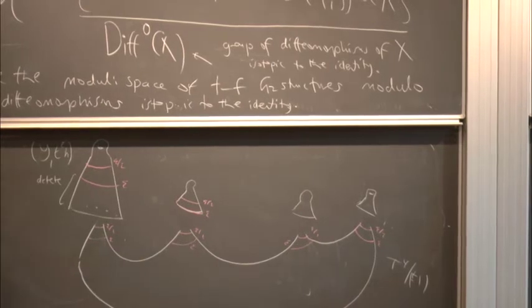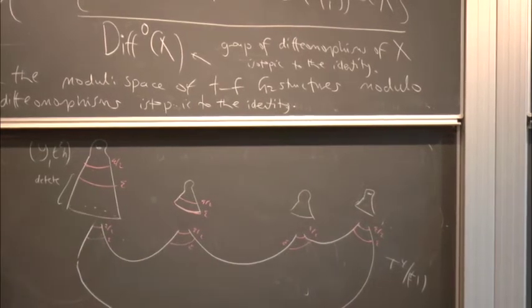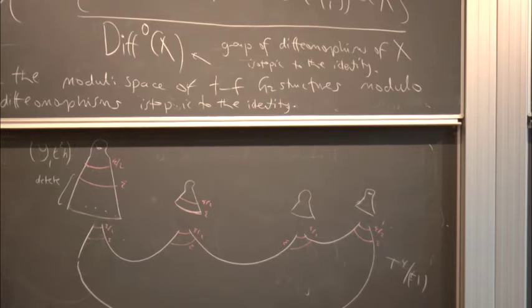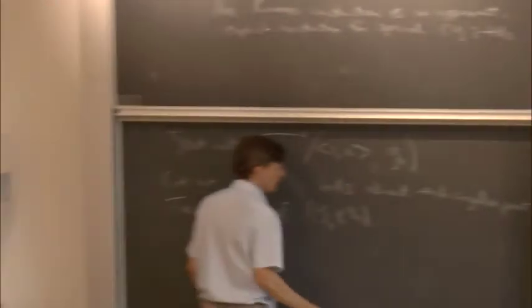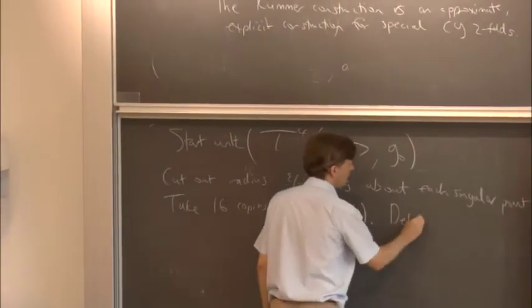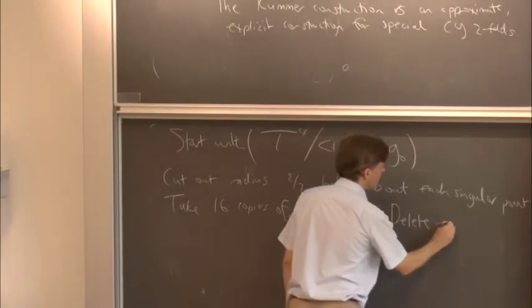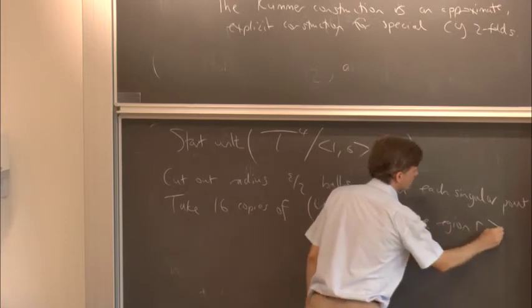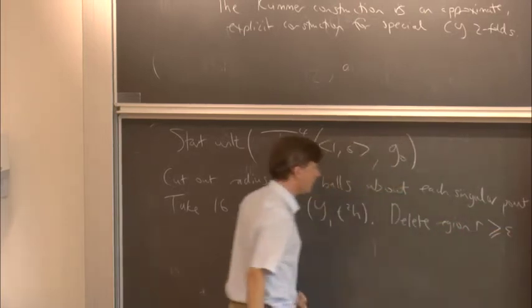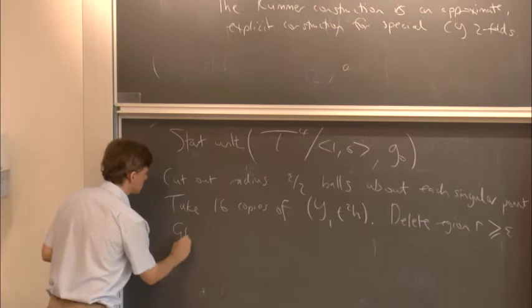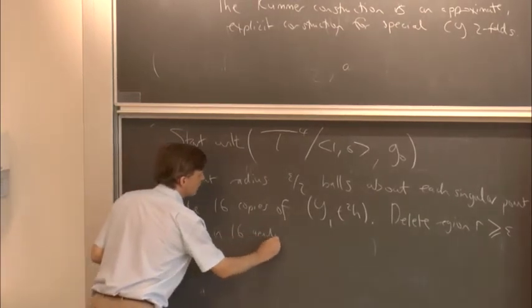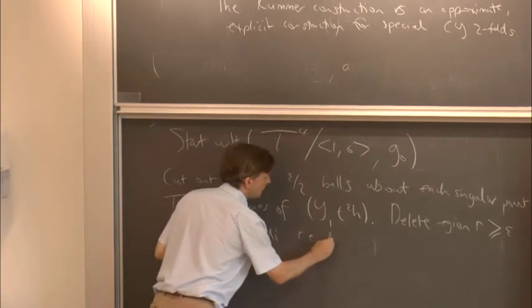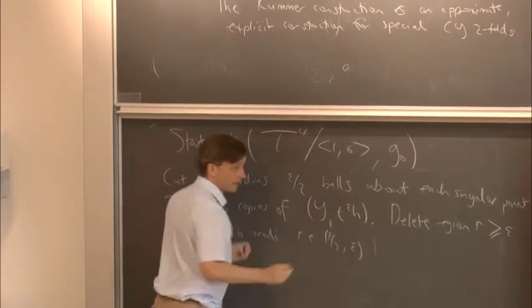Okay. So then I take 16 copies of y and t squared h, and I delete the region r greater than or equal to epsilon, and then I glue in the 16 annuli r lies in epsilon on 2 up to epsilon.